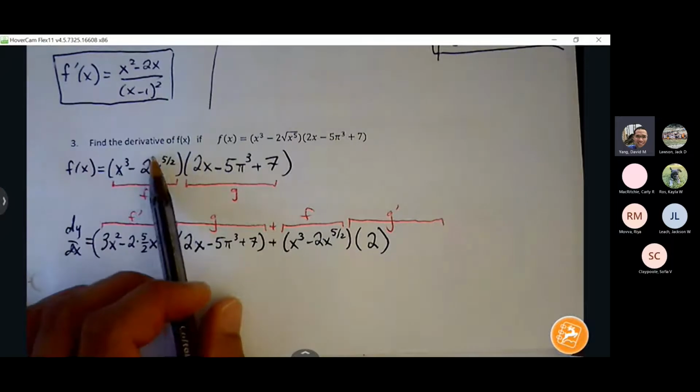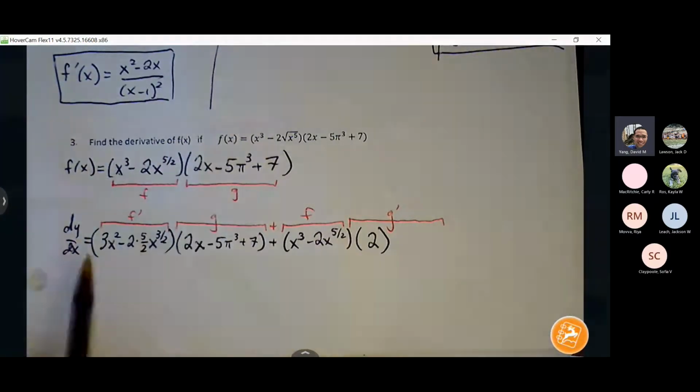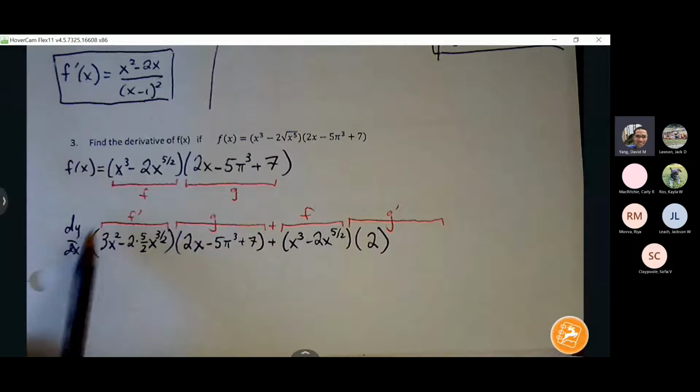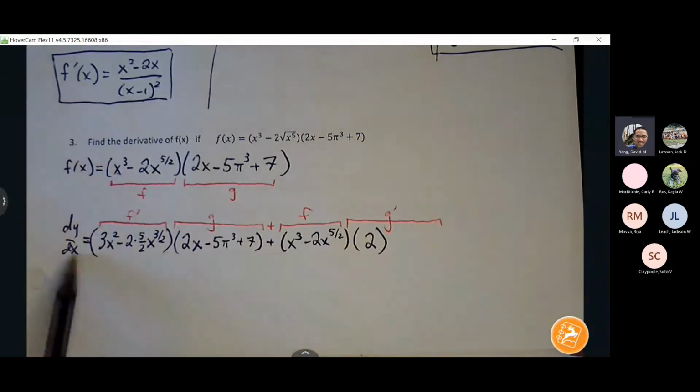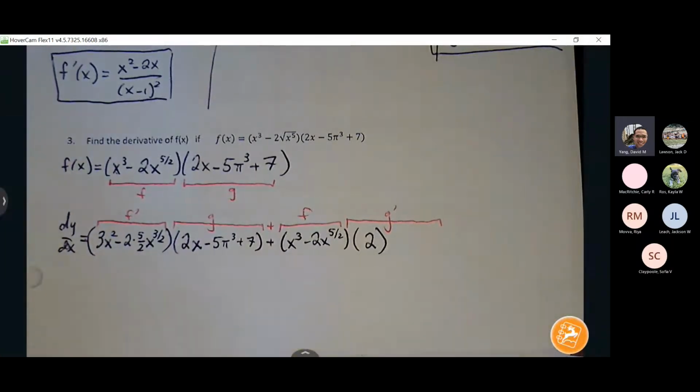But if I ask you what is the slope at a point, then you would insert 1 or 2, whatever the number is, in the derivative, and you can leave your answer unsimplified. Okay. Any questions with the first page?